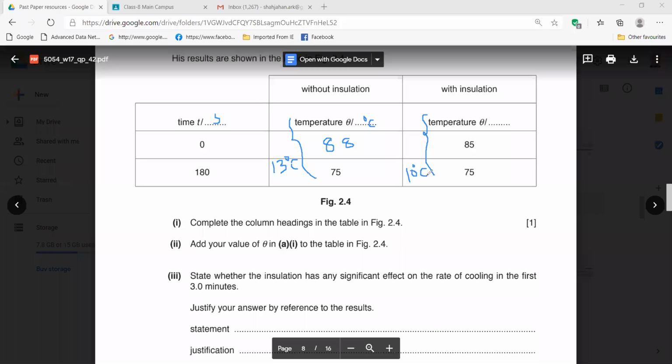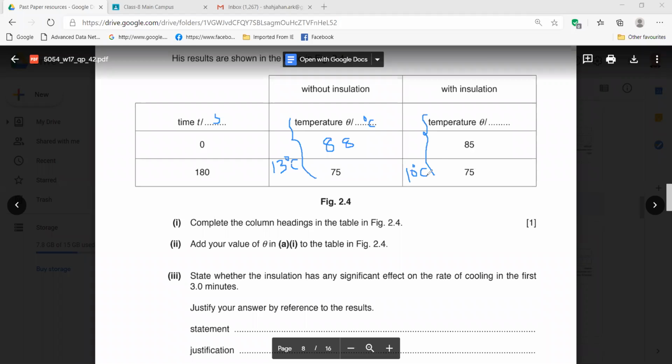From our everyday experience, we understand that if there is insulation, there will be less heat loss, and if there is no insulation, there will be more heat loss, isn't it? Yes. And this experiment is showing us that proof. These results are showing us that proof.